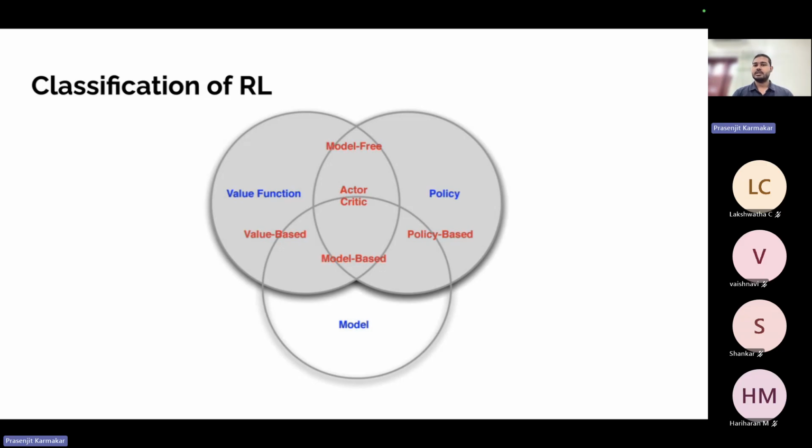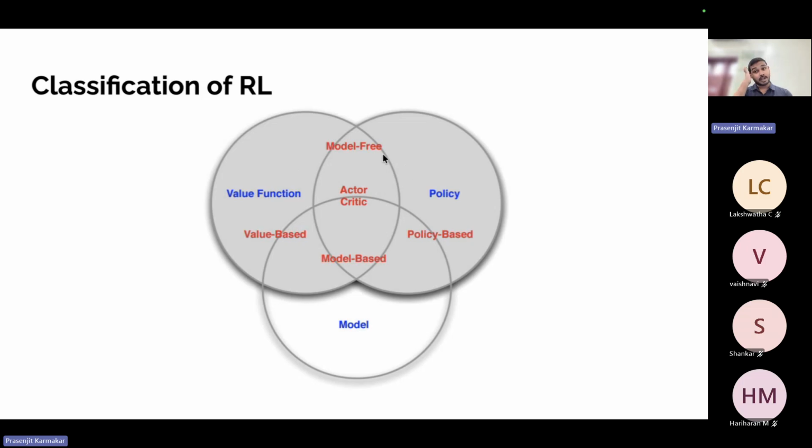So model means the environment, P and R. If I know the model and the value and the policy, which is the case in the previous cases, that becomes my model based reinforcement learning, this block. Now, if I only know the value, not the policy, that becomes my value based methods. And if I only know the policy, not the value, that becomes my policy based methods. And now if I do not know the environment, I know the value and the policy, right? That becomes my model free methods.